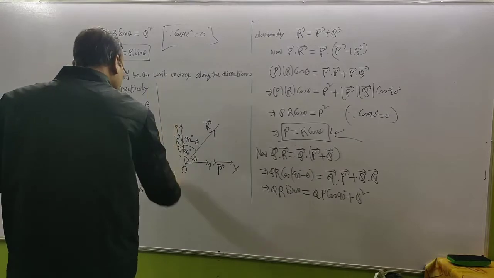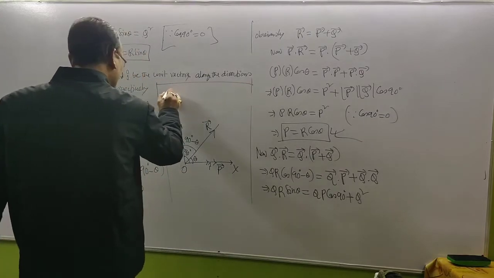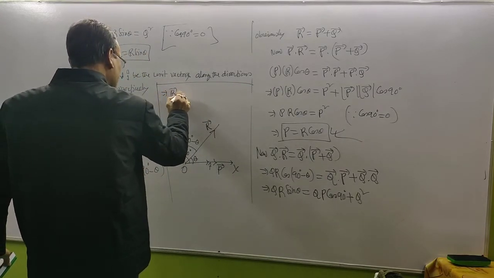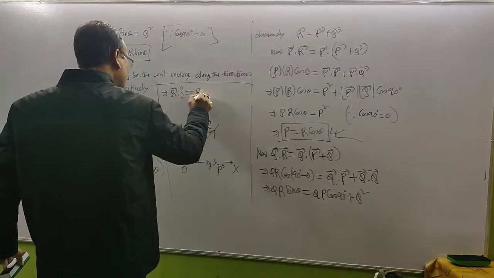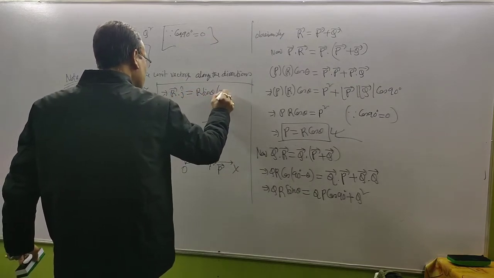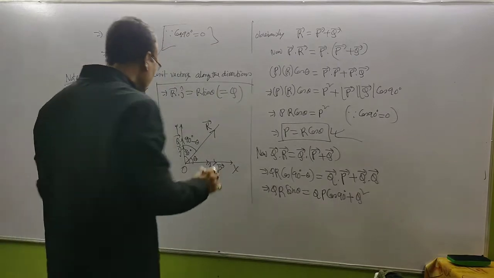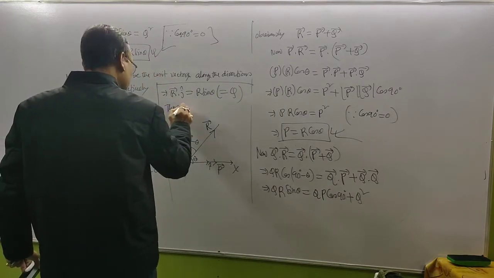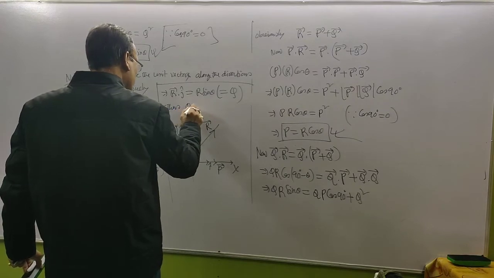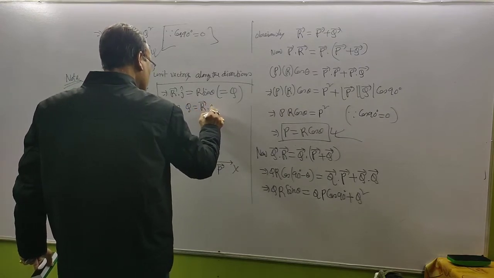This means R vector dot j cap equal to R sin theta. This is equal to Q. Thus, Q equal to R vector dot j cap.